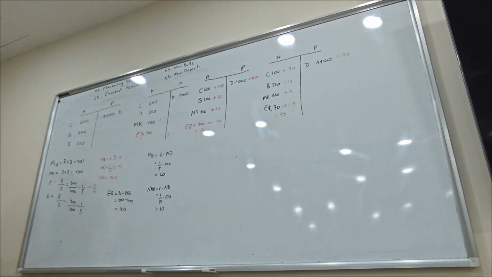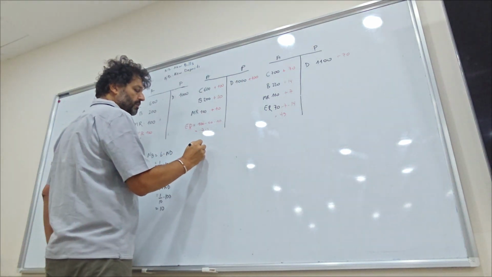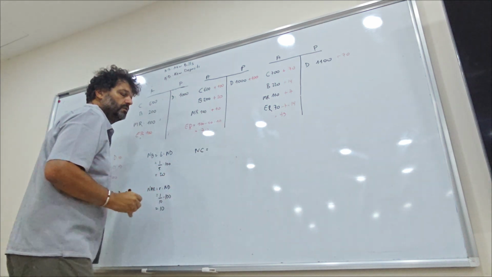Okay. So, how do I go to the end? To go to the end, I have a formula. It allows me to calculate the new credits.